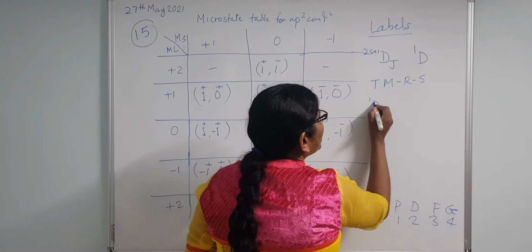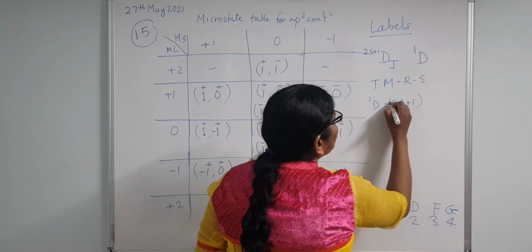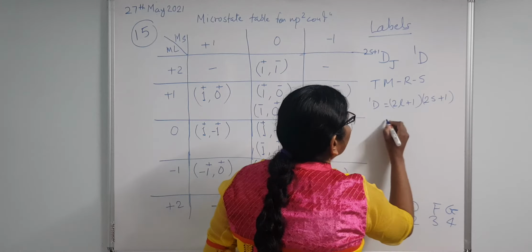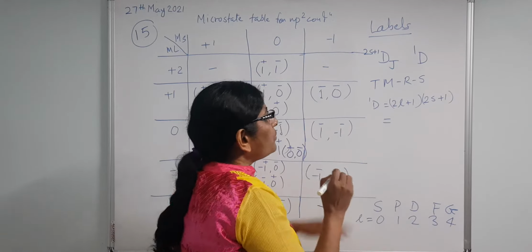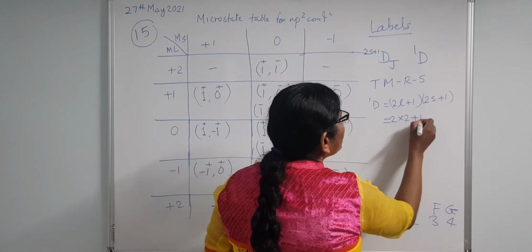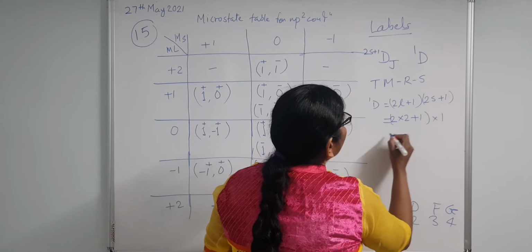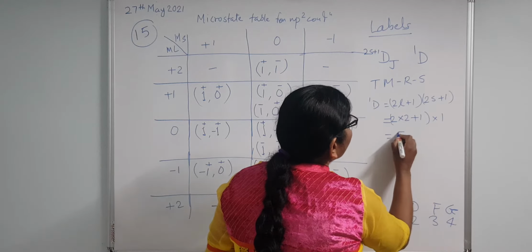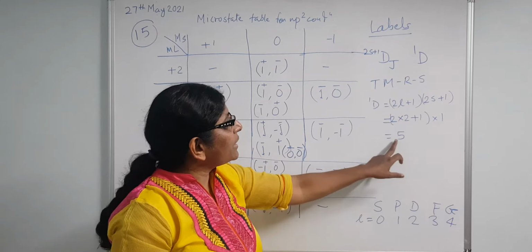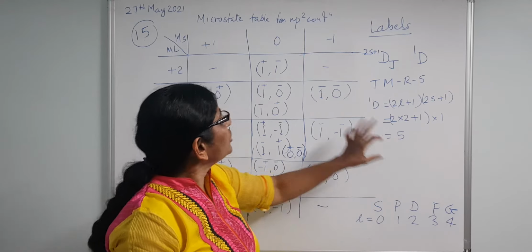For this we have a formula. 1D is equal to 2L plus 1 into 2S plus 1, just simple multiplication. Here L value is 2, so 2 into 2 plus 1, and 2S plus 1 we have already calculated as 1. So it will come 5. That means this 1D RS term we can write for 5 microstates in the same column.